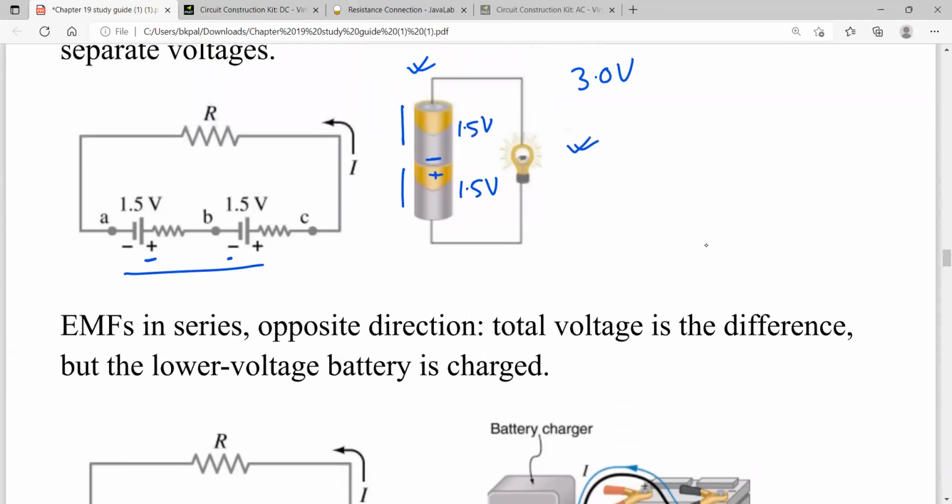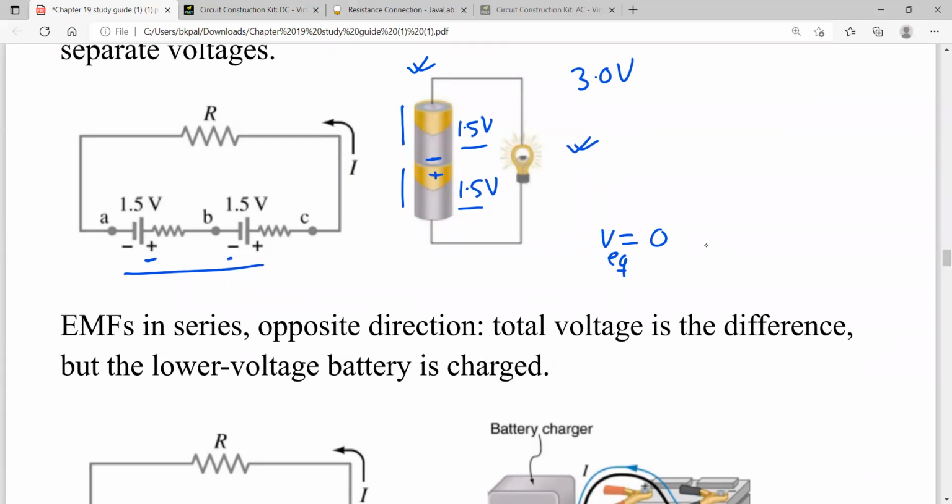If you add 2 batteries in the opposite direction, with 1.5 volt and 1.5 volt, the sum will give you 0. The equivalent potential difference will be 0. So it basically does not make any sense if you connect them in the opposite direction.